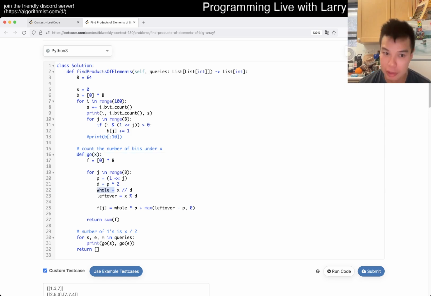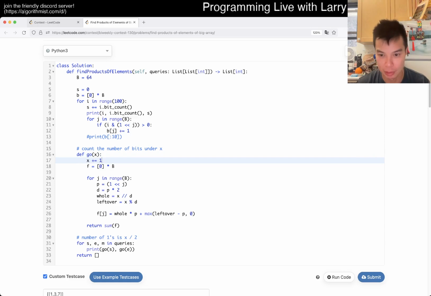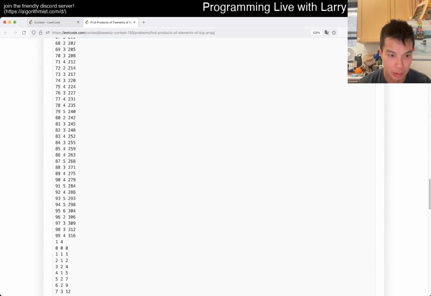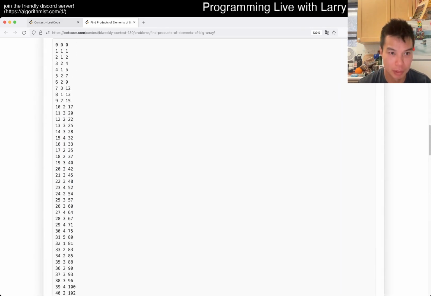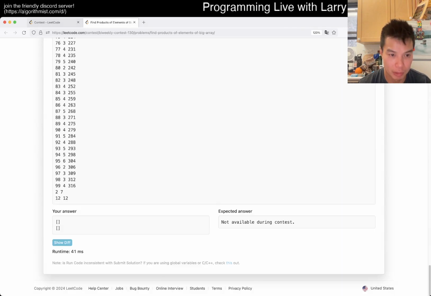So whole is going to be, for 2, because 2 is the third number, okay, fine. 1, 4, okay, we're on the right track with what we wrote.